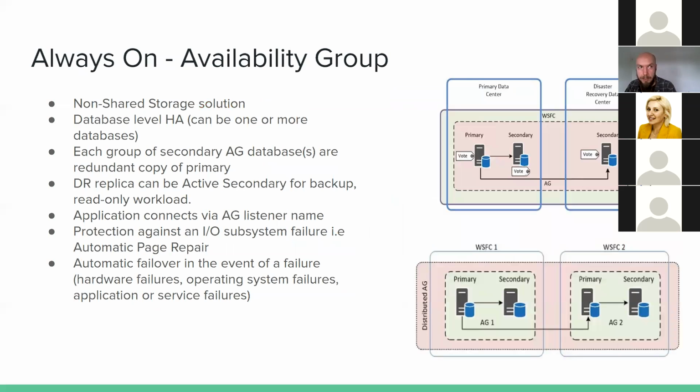The next solution is a Microsoft solution named Always On Availability Groups. The idea is that they use the log file where the database engine stores and keeps all transactions.